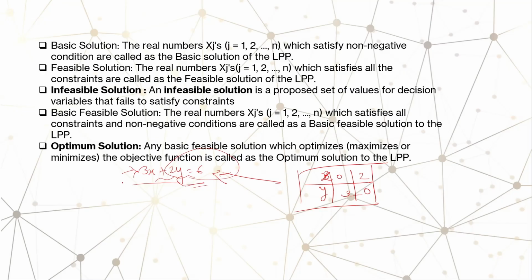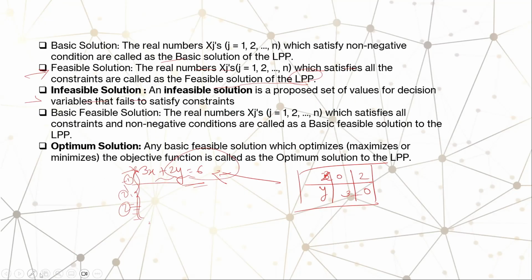Now you are not going to have one single constraint, you are going to have multiple constraints, and the values which satisfy all the constraints are called a feasible solution. The real numbers xj's which satisfy all the constraints are called a feasible solution of the LPP.